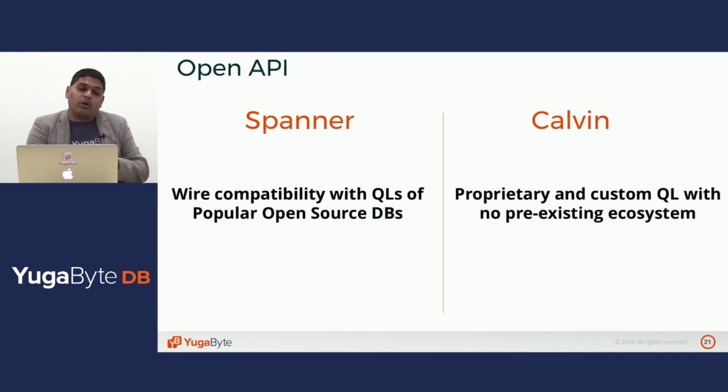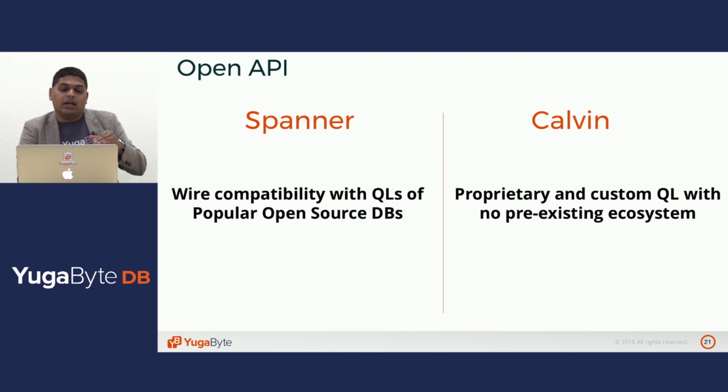Finally, let's talk about APIs, because as developers, we interact with those APIs day in and day out. Spanner derivatives, YugabyteDB supports wire compatibility with actually 3 popular open source databases, Cassandra, Redis, and PostgreSQL. Whereas CockroachDB, the other derivative, is only PostgreSQL compatible.